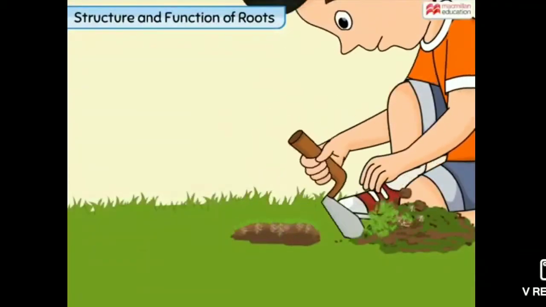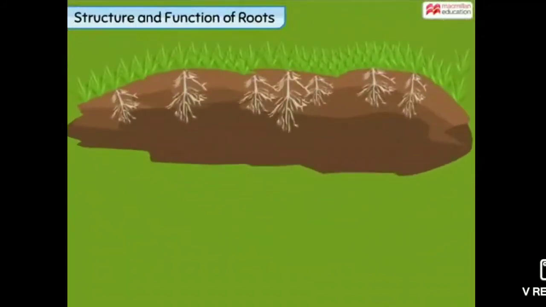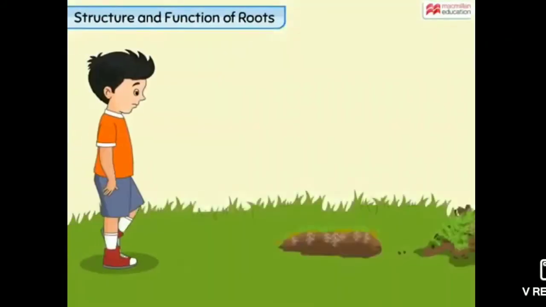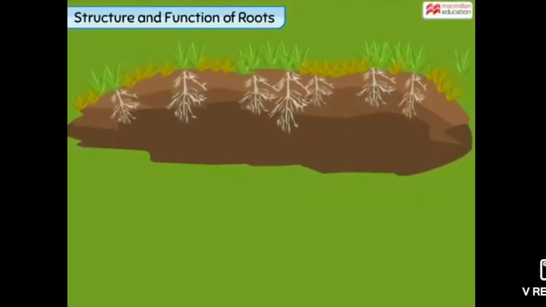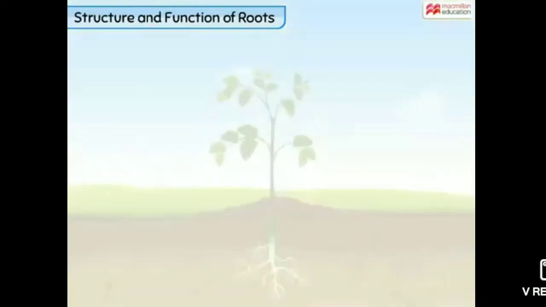Now look at this boy digging holes in the soil. While making the holes, the boy removed the roots of some grass plants. After a few days, he noticed that the plants whose roots were removed dried up and died. Can you think of the reason why the plants died?